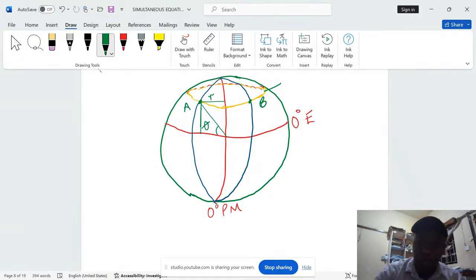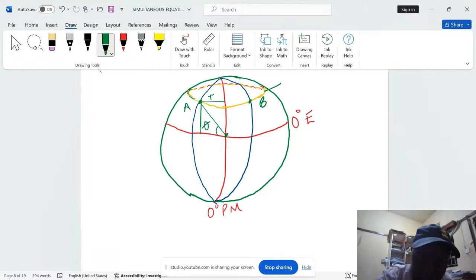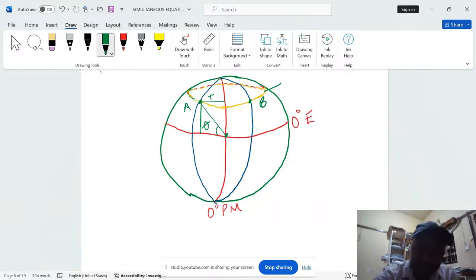But something you should know is that from the equator at the center of the circle, all the way to where point A is, there is the radius of the Earth.